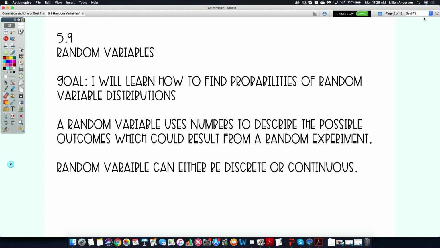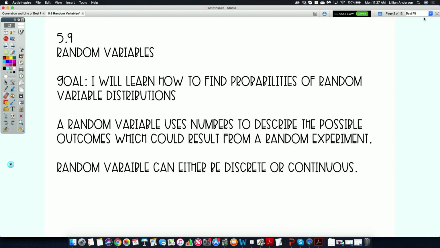First off, a random variable is used to describe the different possible outcomes which could result from a random experiment. It represents the outcomes that could be possible from a random experiment. Example: if I flip 2 coins, what are my outcomes?